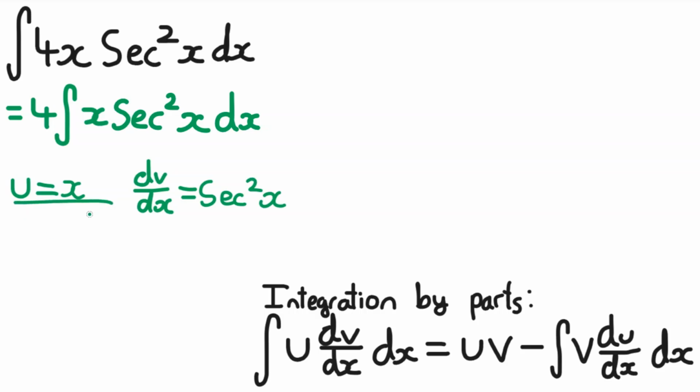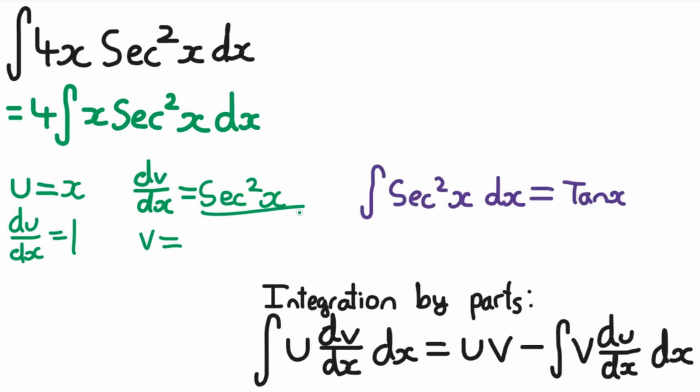Therefore, if we differentiate u equals x like normal, du over dx is equal to 1. And then if you integrate dv over dx equals sec squared of x, v is equal to, and we've already talked about in year 2 integration that when you integrate sec squared of x, it's equal to tan of x. This is actually also given to you in the formula booklet.